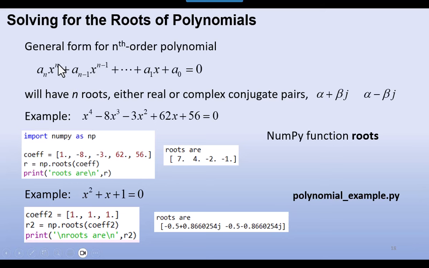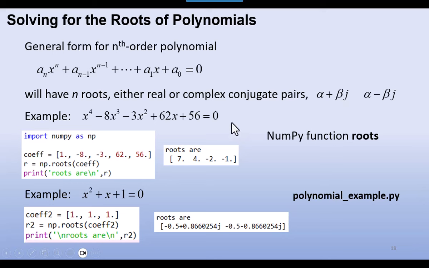So for an nth order polynomial, we have n plus 1 coefficients, which we index 0 to n. And that's useful indexing because it corresponds to the way arrays are indexed in Python. And we'll have n roots, and they are either going to be real or complex roots where they occur in conjugate pairs, alpha plus bj, alpha minus bj, where j represents the square root of minus 1.